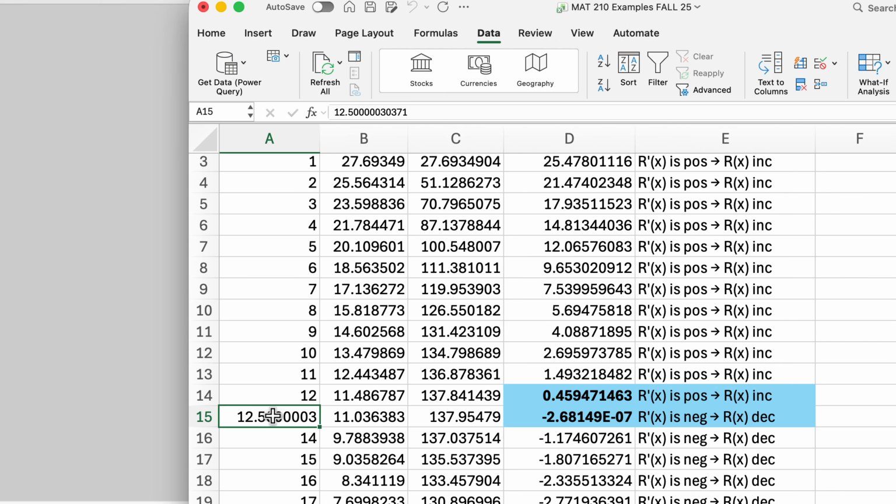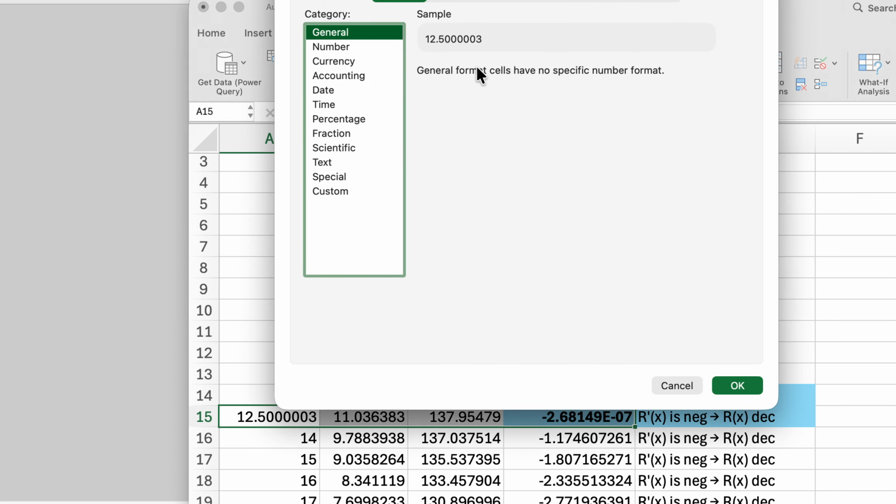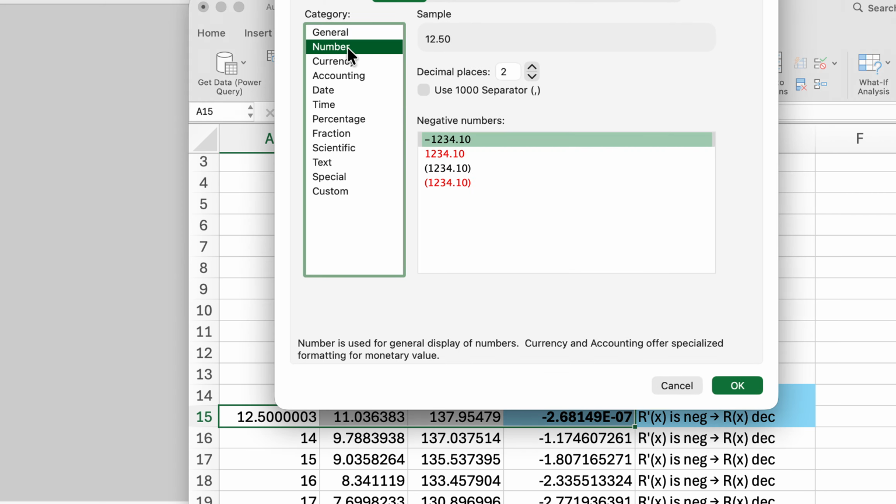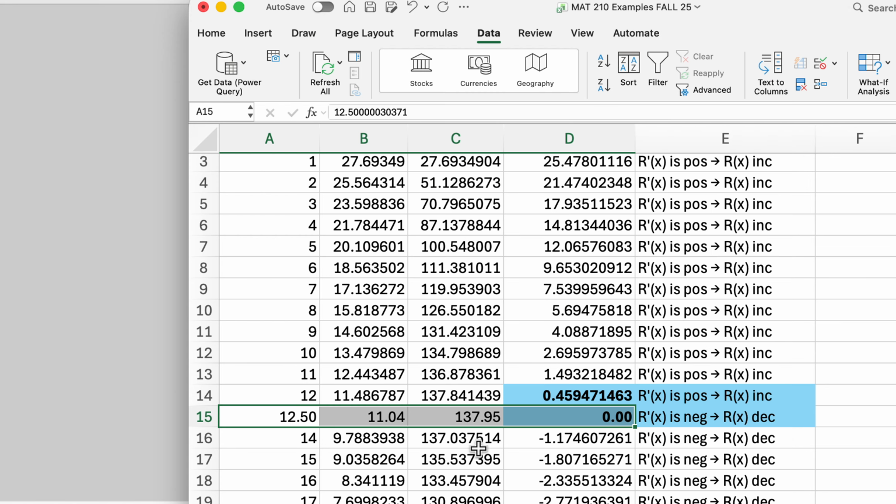If I want to, I can round that, so I can see this is just scientific notation here. That negative 2.68149 to the negative 7 is just 10 to the negative 7th power, which is a really, really small number.